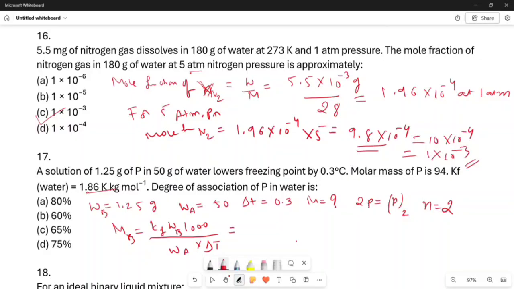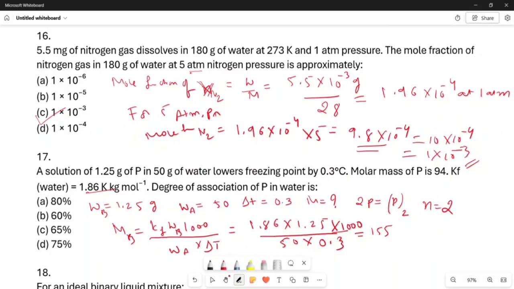You have to substitute the values. What is the value of Kf? It is 1.86. WB is given as 1.25 multiplied by 1000 divided by WA here is 50 and delta T is 0.3. If you solve this, you can get molar mass of the solute P is 155 gram.